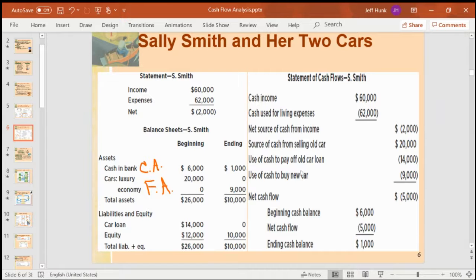That was the source of cash, and she used 14,000 out of it to pay off her outstanding car loan, and then she used 9,000 to buy a new car, a small car, right? So net cash flow is negative 5,000.